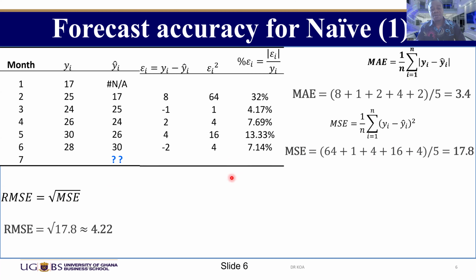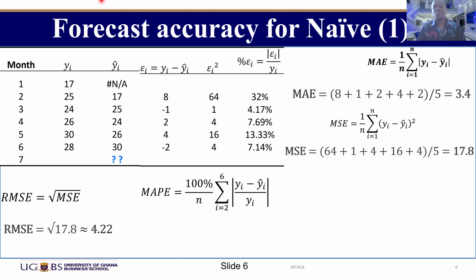Let's move on. Now, the next thing is to calculate the MAPE. Who can tell me the full name of the MAPE, the mean absolute percentage error? Michael. Mean absolute percentage error. Good.